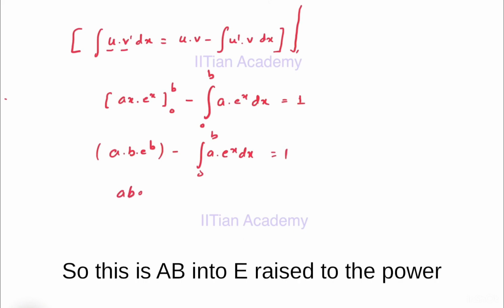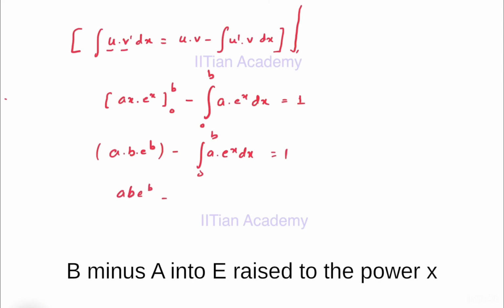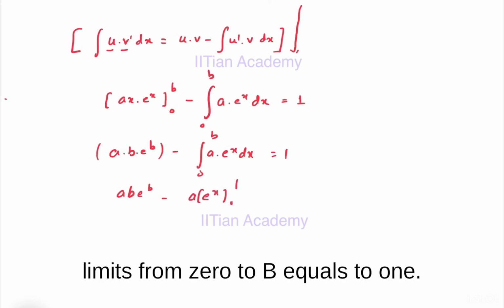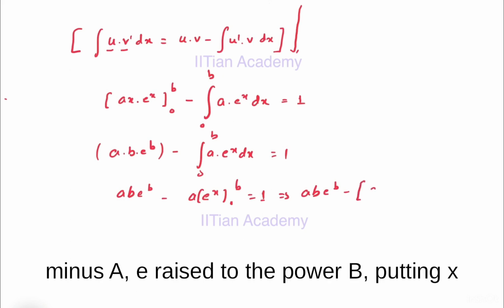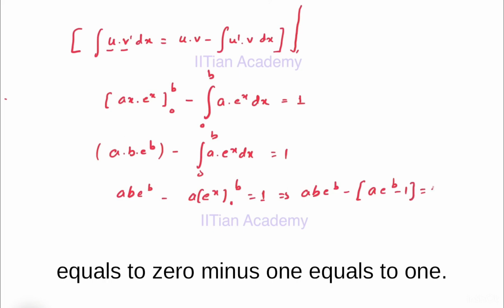So this is ab e^b minus a e^x, limits from 0 to b equals to 1. So we get ab e^b minus a e^b, putting x equals to 0, minus 1, equals to 1.